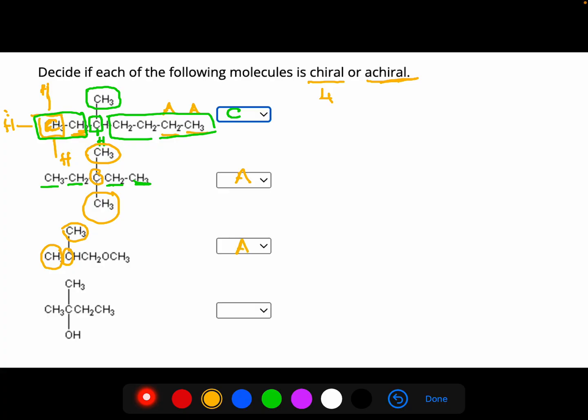Again, let's look over here. One CH3, one CH3. There are two CH3s on one carbon. It's achiral. So these are already achiral because they are connected to at least two hydrogens.